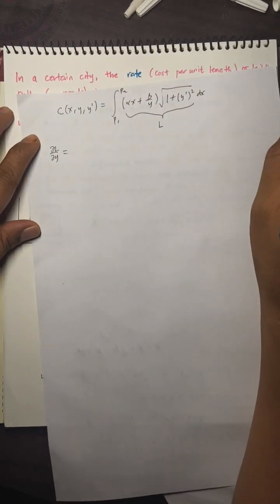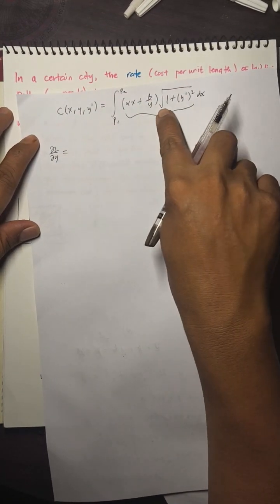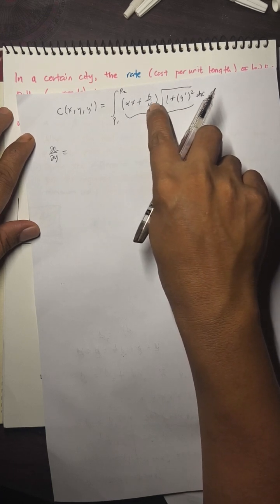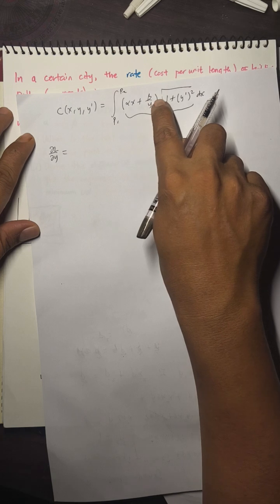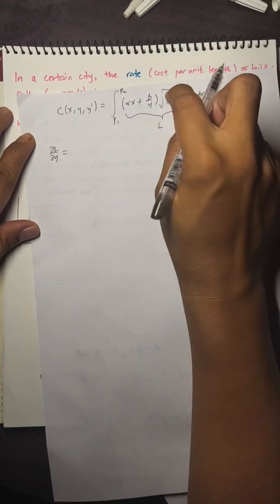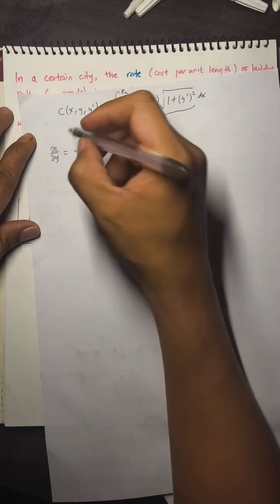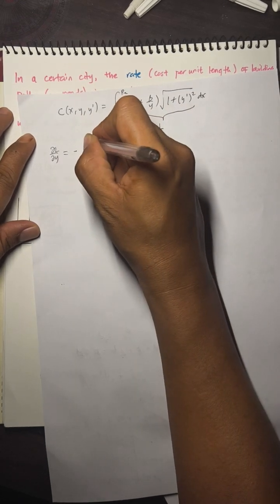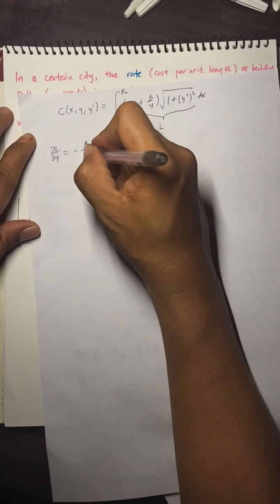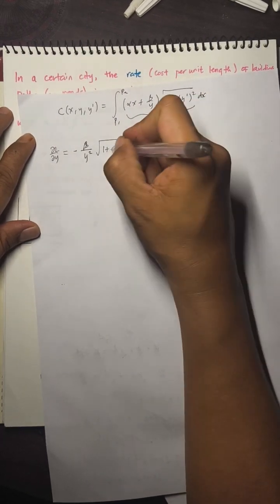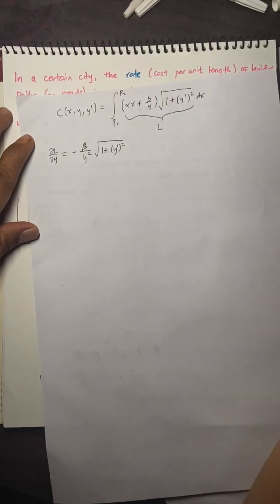This is the only term that has y, so that would be negative beta over y squared times the square root of 1 plus y prime squared.